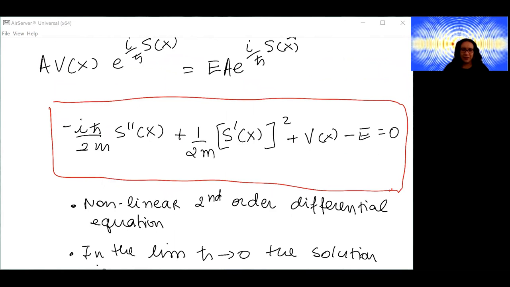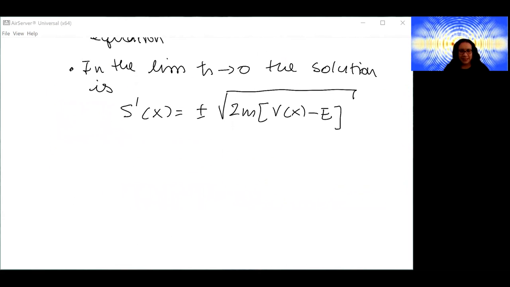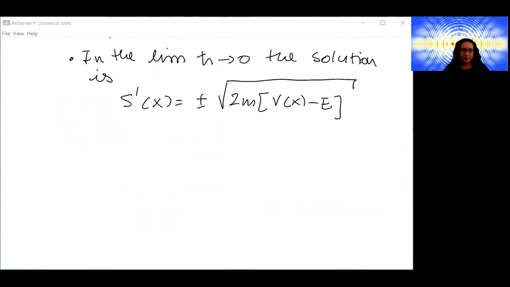See, you already get something nice because you make ħ go to 0, and that's why sometimes the WKB approximation is also known as the semi-classical approximation. Because when you take this limit, you can see there is a clear correspondence here: this derivative being the momentum, if you wish, of the particle, which we had postulated at the very beginning.